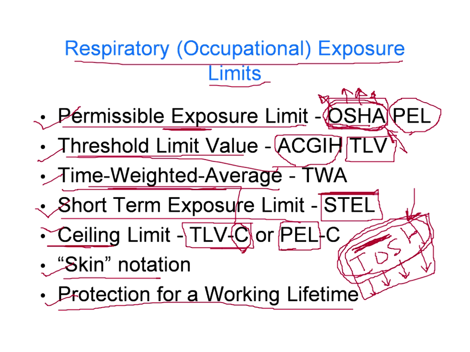Floor limit means lower limit. These are different terms companies use, so don't be confused. Ceiling means upper limit. The upper limit can be defined using time weighted average, using threshold limit value TLV, or using permissible exposure limit PEL.